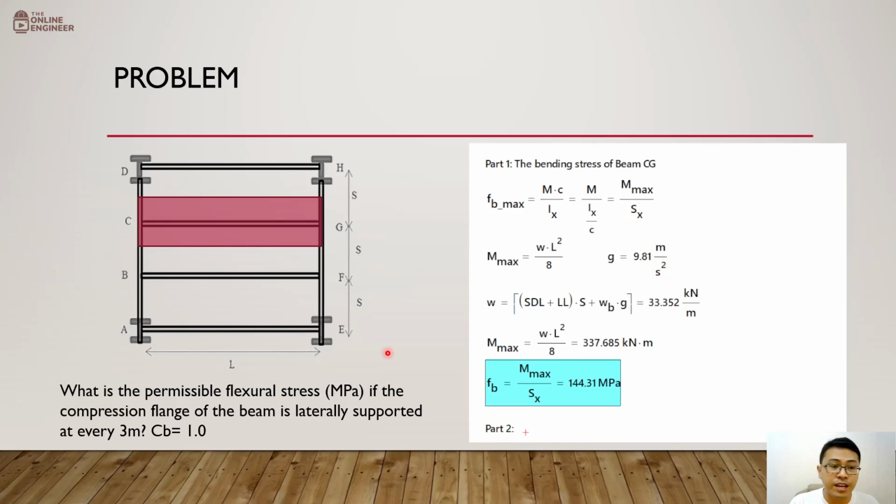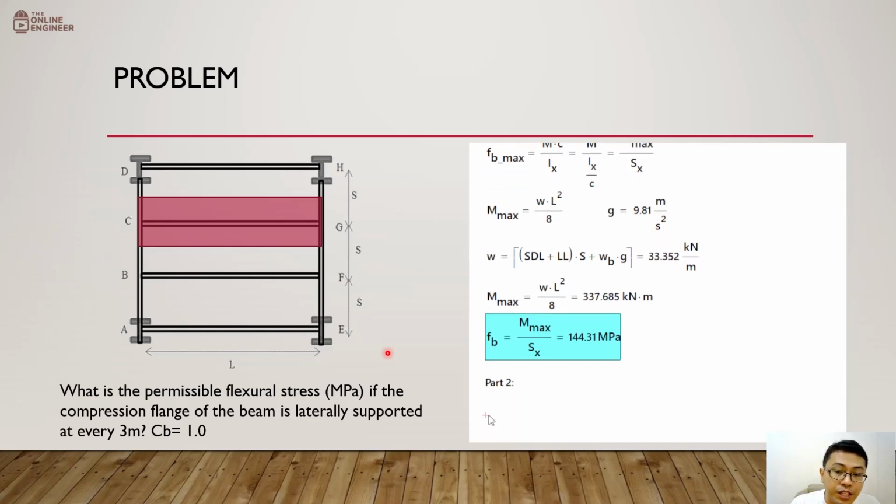It is also said here that the CB that we are going to use is equal to 1. CB, if you could just watch that first video that I mentioned earlier, we have shown there that CB is actually a moment gradient multiplier.